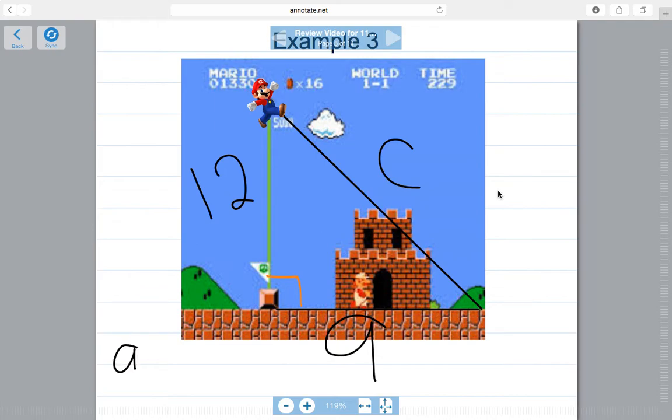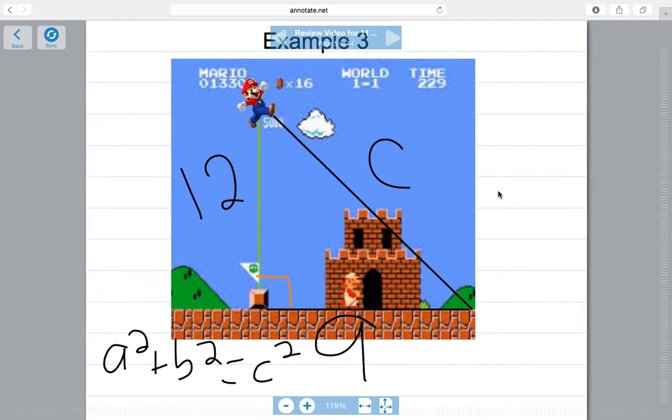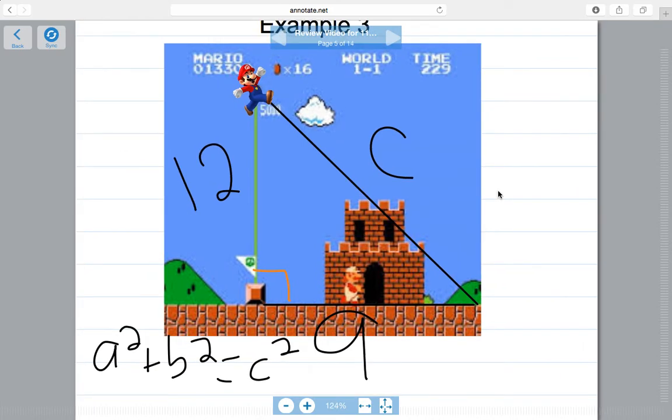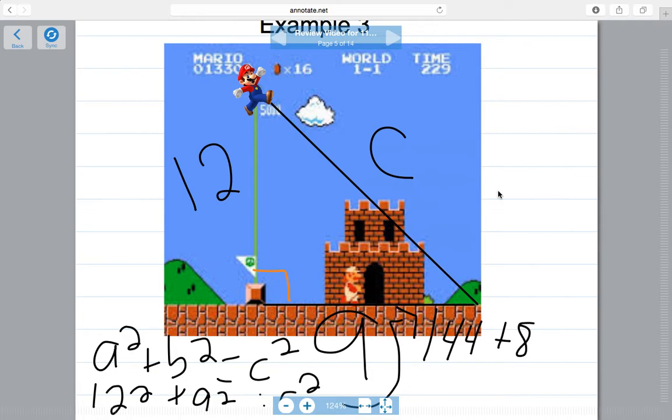So again, a squared plus b squared equals c squared. So 12 squared plus 9 squared equals c squared. 12 squared is 144 plus 9 squared is 81.